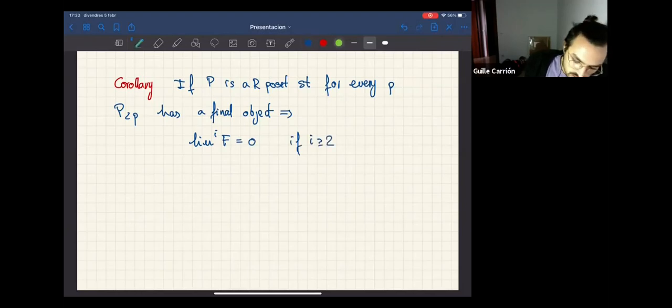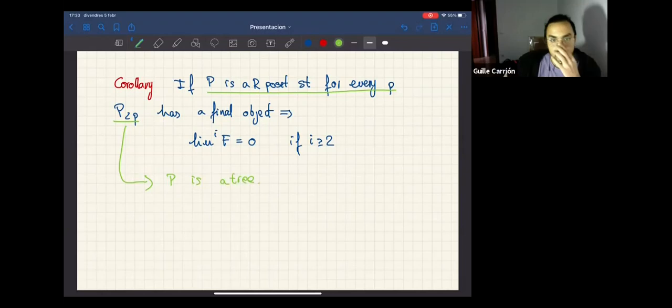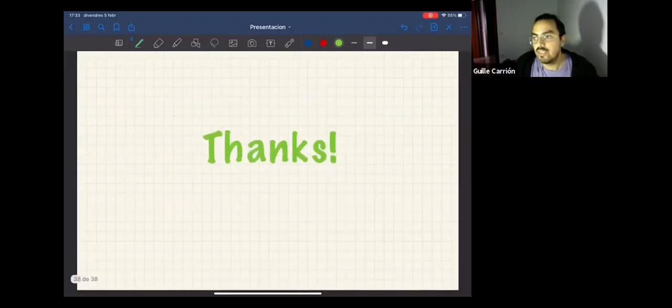But of course, a category poset with this property P is a tree. And there's another possibility for P. And that's all. Thank you very much.